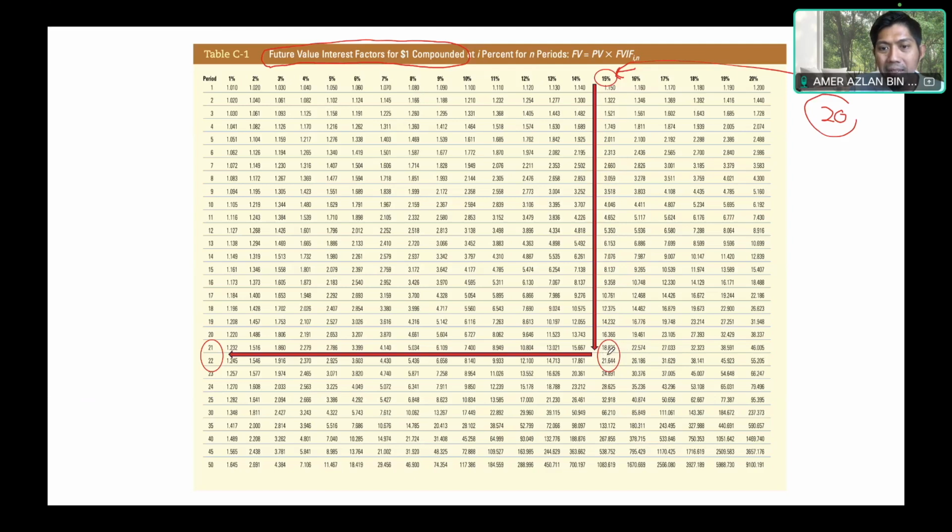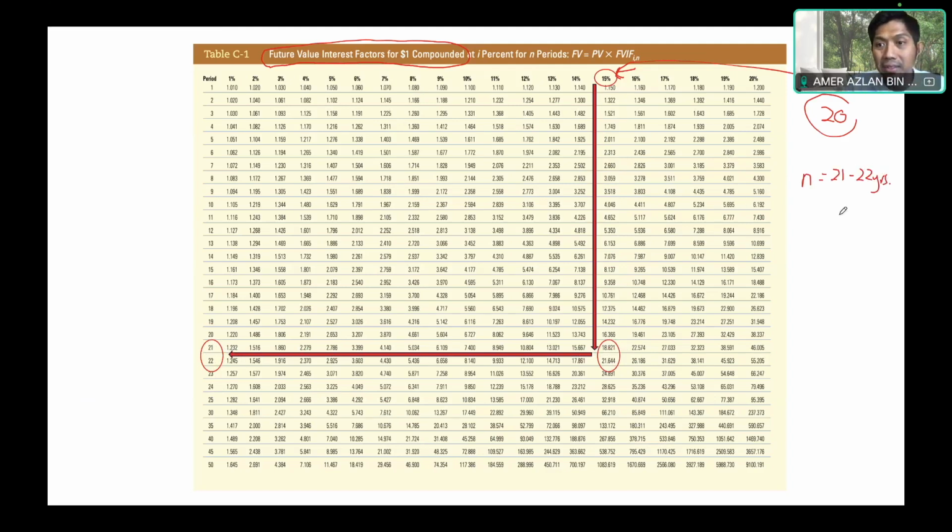Correct? So what do we do next? We move on to the left and look at which period this number falls. If you look at here, it falls between the period of 21 and 22. So which means your N is between 21 to 22 years.